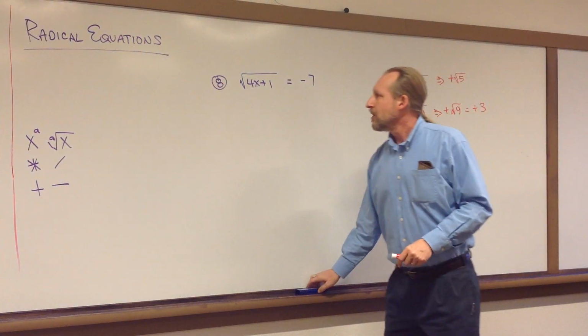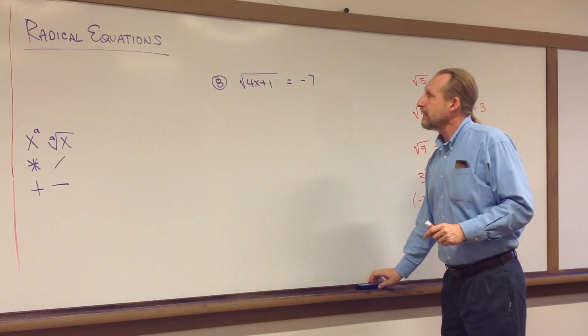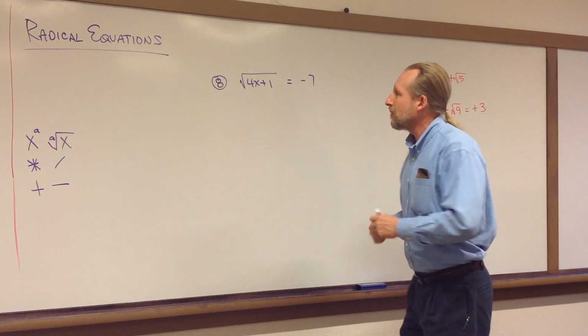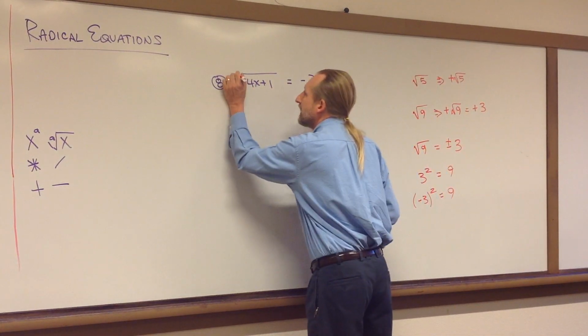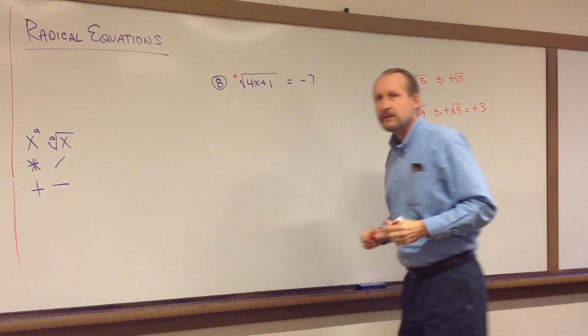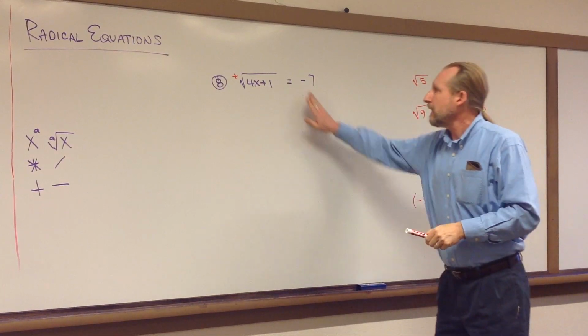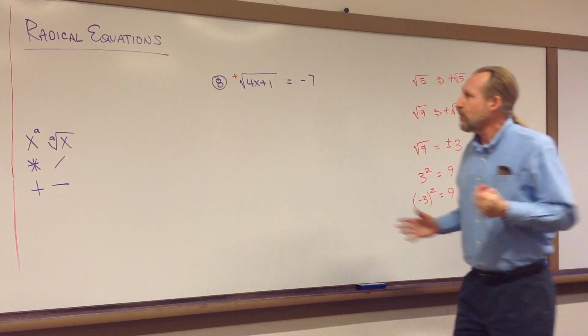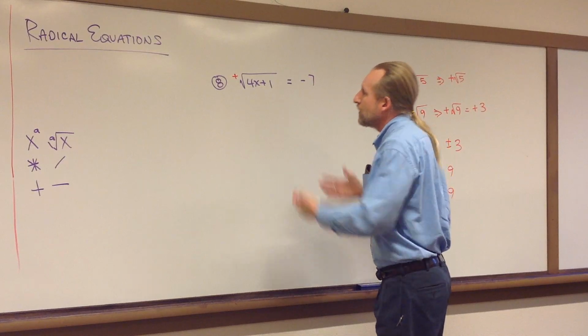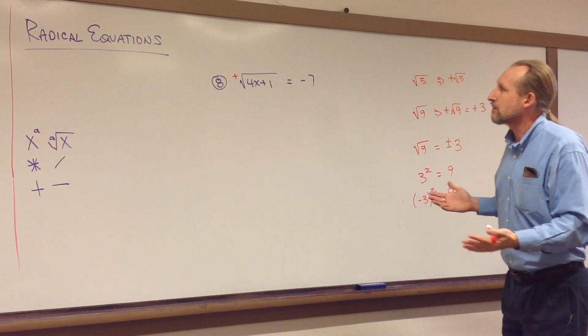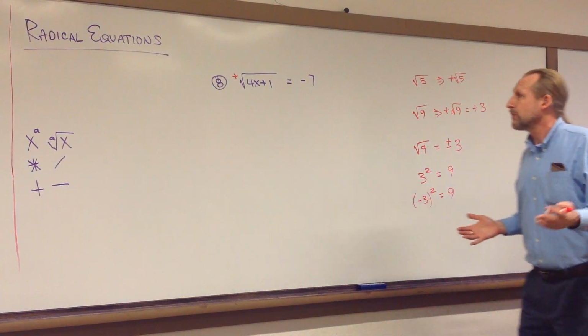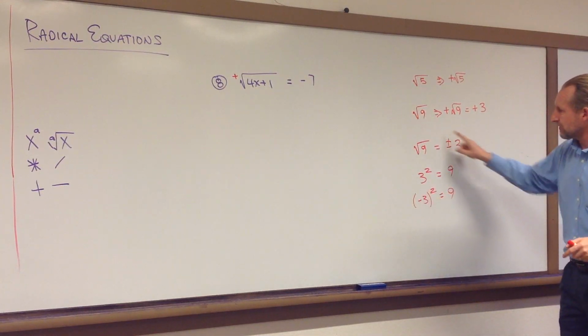Because of that issue, if you look at this problem, if you think that there is a hidden plus sign out there, then there's no way that this could be negative 7. Now, if we squared both sides, we could come out with an answer. And I don't really have a problem with that. I don't see that this is such a big issue.